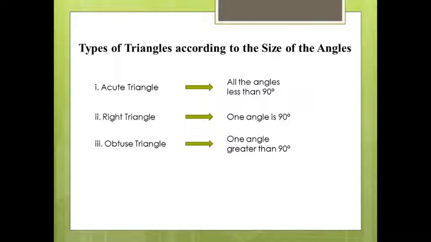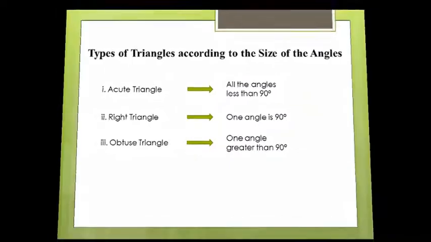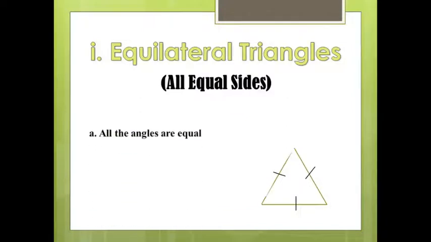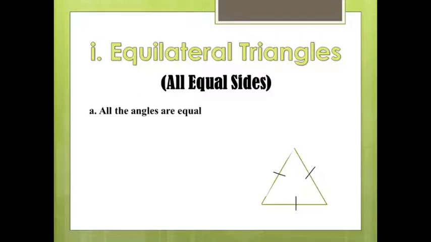Now coming to some basic properties of the types of the triangles one by one. First of all, equilateral triangle. It means all the three sides of a triangle are equal. In this, first of all, we have that all the three angles are equal to each other. That is, these three angles are equal to each other.